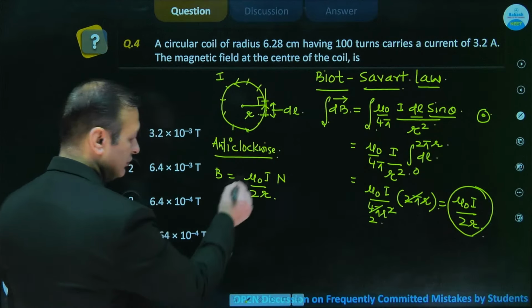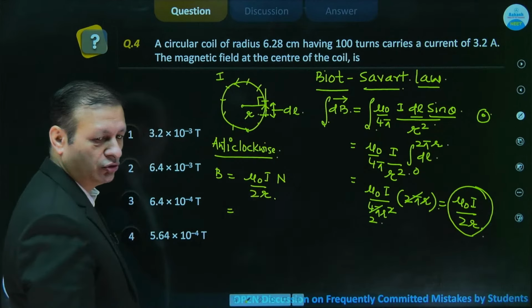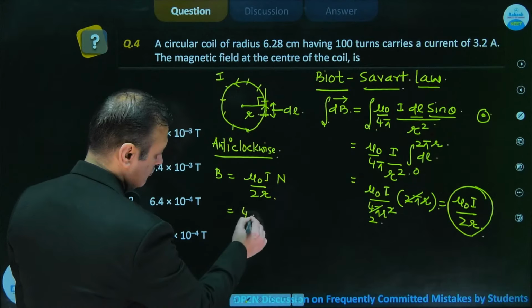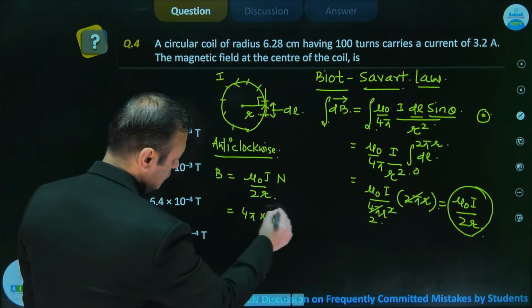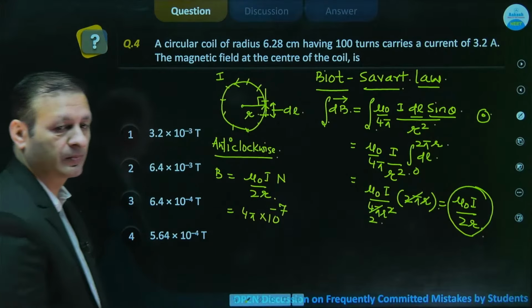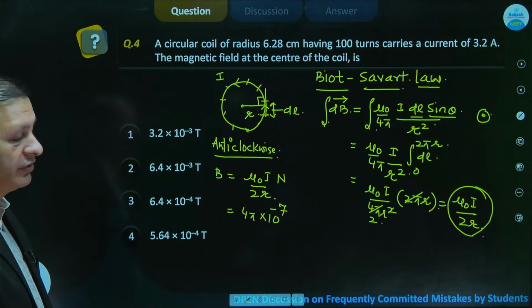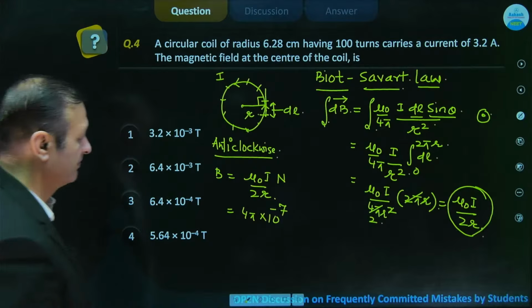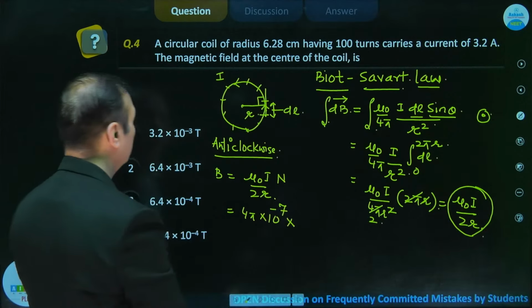So what is the value of mu naught, children? This is 4 pi into 10 to the power minus 7, multiply by current.